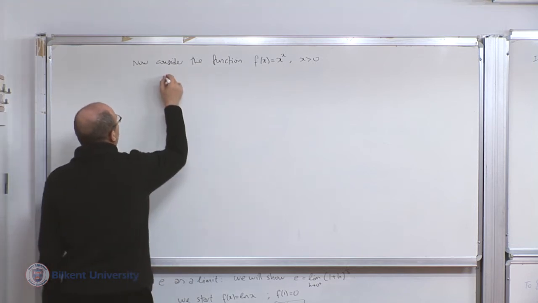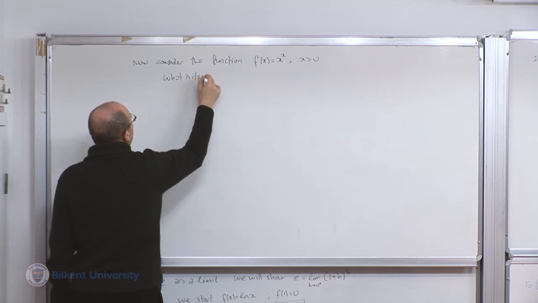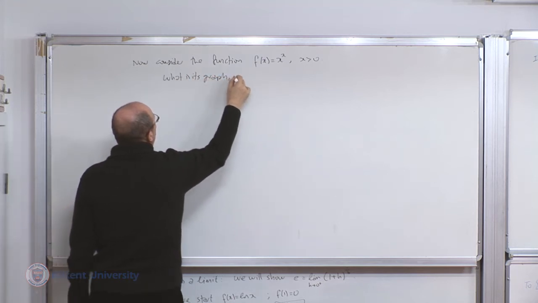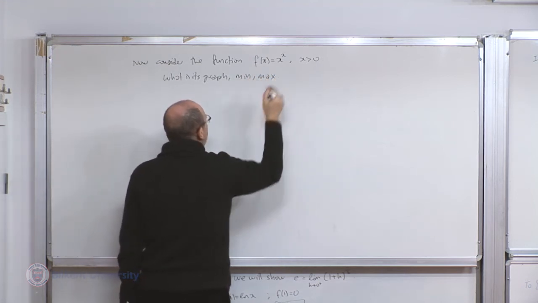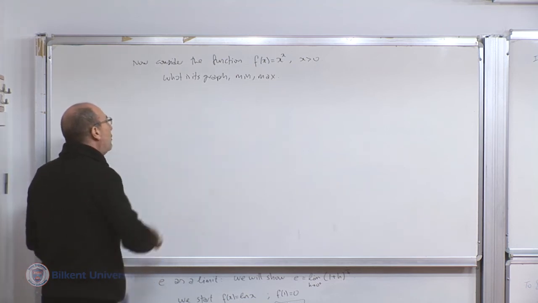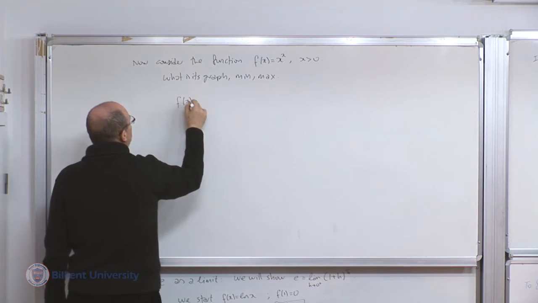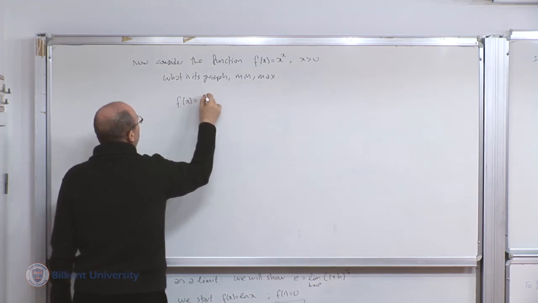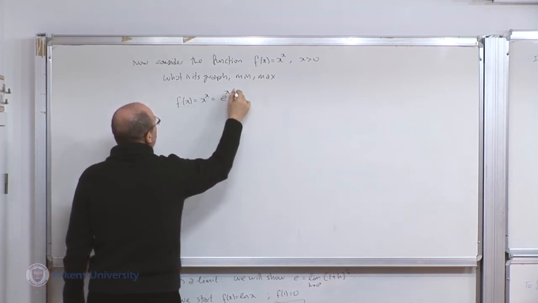So what is its graph? Does it have a min? Does it have a max? Its limits, etc. Okay, so first we have to look at the derivative. f of x equals x to the power x is equal to e to the power x ln x.